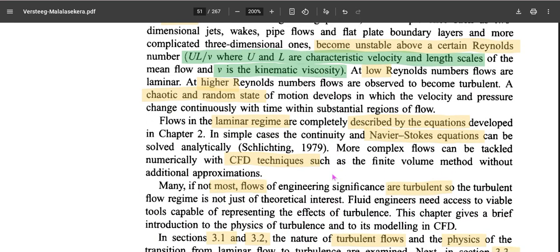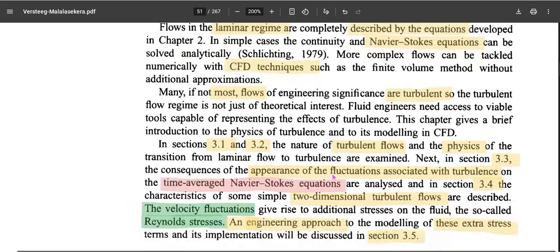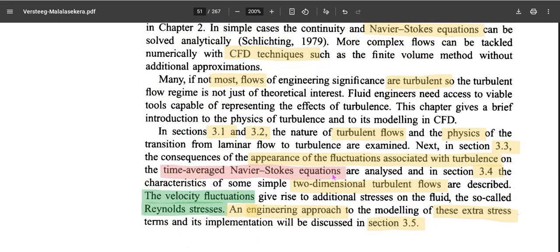The next 5 videos are going to be based on these 5 sections of chapter number 3, turbulence and its modeling, from the book called CFD by Versteeg and Malalasekera. Section 3.1 is going to describe the generality of the turbulent flow.